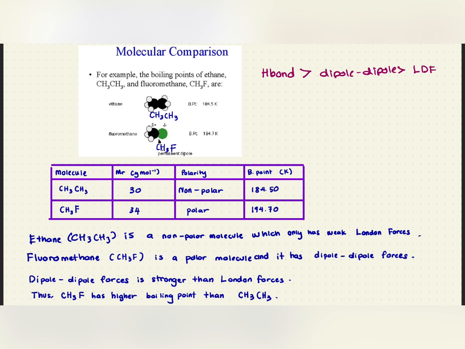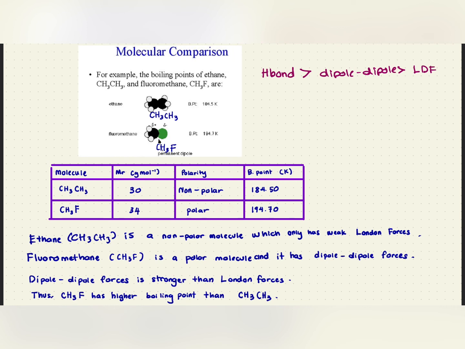Okay, so now let's have a look at this example. Let's say kita ada C2H6, ini adalah ethane, okay, and also CH3F, fluoromethane. Okay, so untuk both molecule here, the molar mass is almost similar, 30 gram per mole, another one is 34 gram per mole, maksudnya hampir dekat lah. But the difference here, okay, ethane adalah non-polar. Okay, so for fluoromethane, it is a polar molecule.